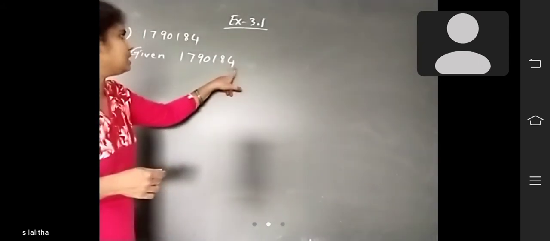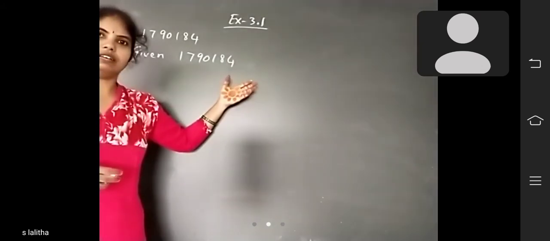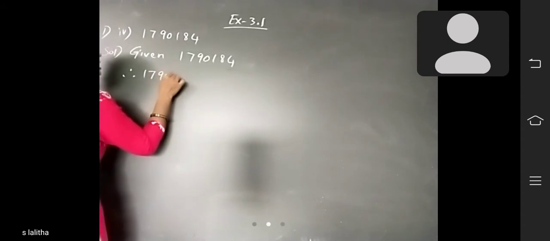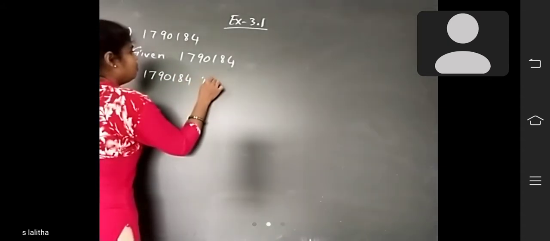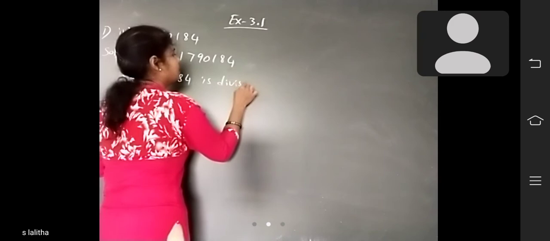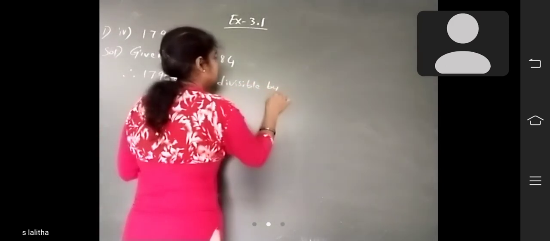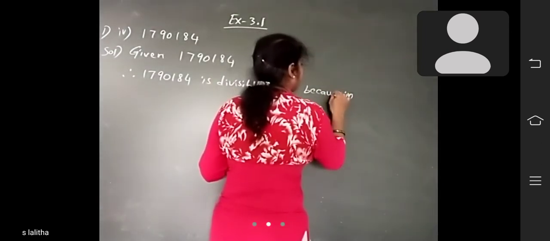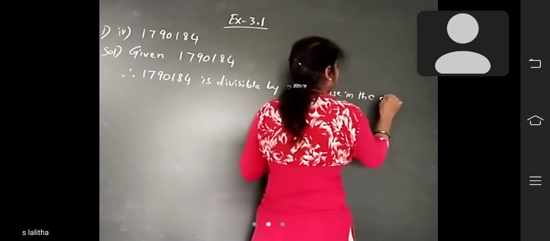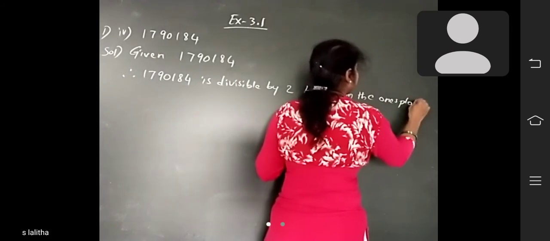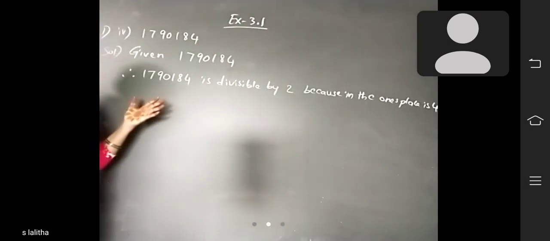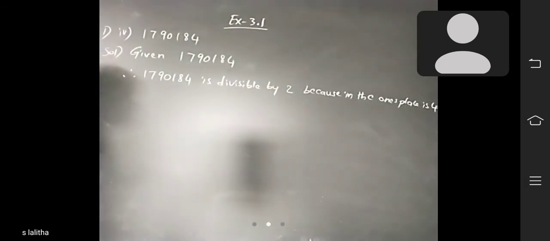What is the ones place here? 4. Is 4 divisible by 2? Yes. So therefore, 17,90,184 is divisible by 2 because the ones place is 4. Because the ones place is 4, that's why the number is divisible by 2.